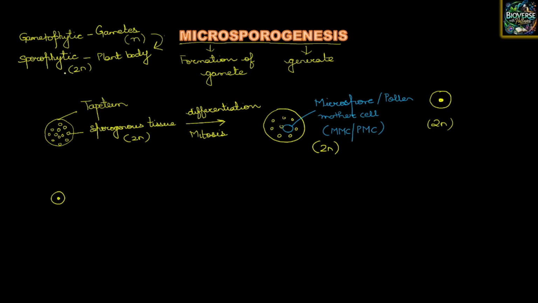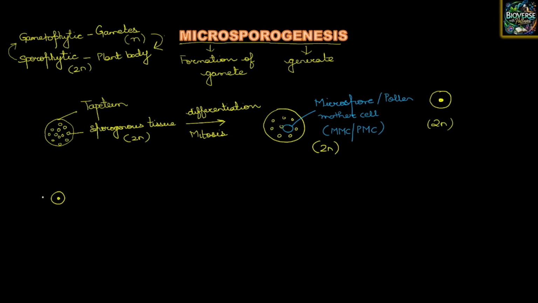This sporophytic body will be diploid, and when it again undergoes mitotic division, it is going to form the gametophytic body. In this way you get both the male and the female body. Since here we are talking about microsporogenesis, we are going to see that the male gamete, that is the pollen grain, is going to be formed.